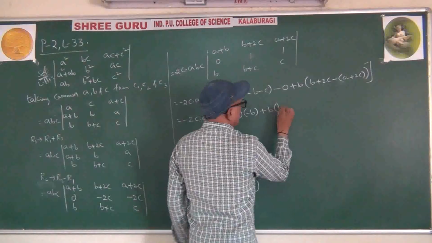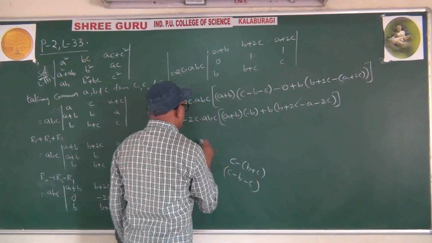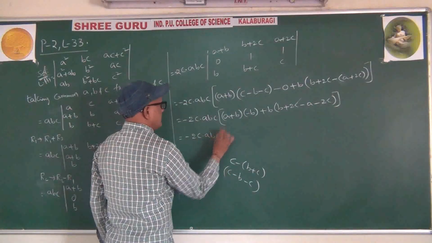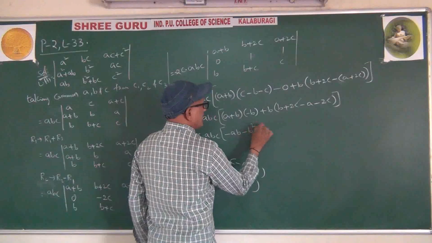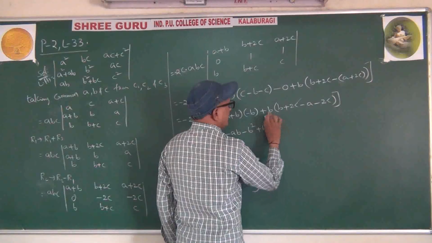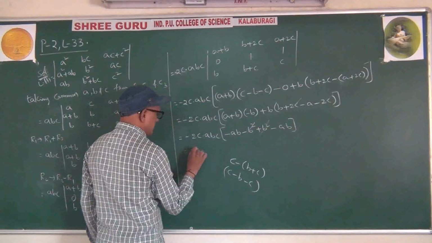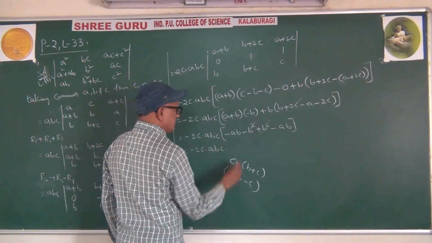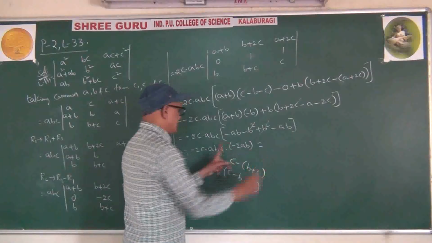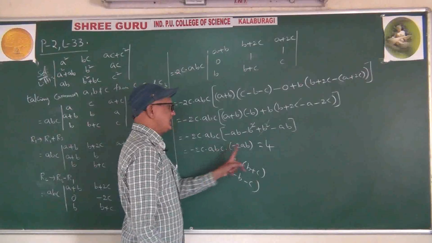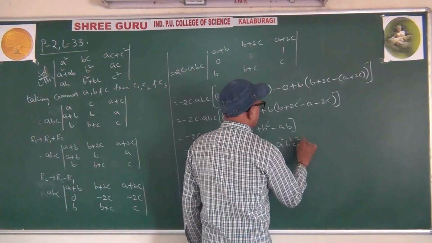into b plus 2c minus a minus 2c, minus 2c plus 2c got cancelled, equal to minus 2c into abc, a into minus b minus ab, minus b square plus b square plus b square minus a plus b square minus b square got cancelled, minus 2c into abc into minus 2ab, minus into minus plus, 2 into 2 is 4, abc into ab, c into abc into ab, a square b square c square.